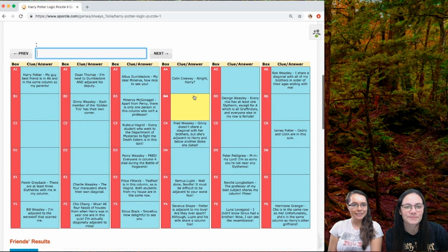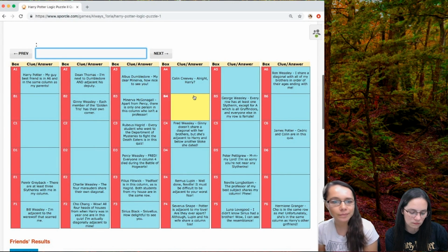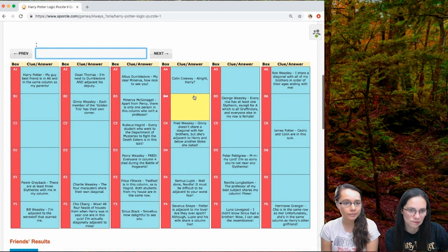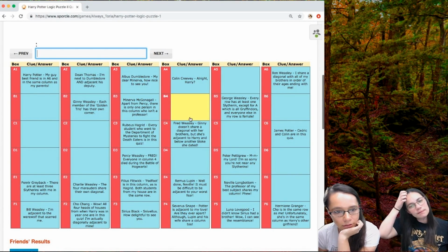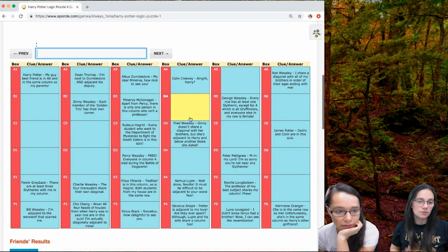Thanks. Cool. I was hoping you would give us a real clue. Okay. So we know Tonks has to be in one of these. Do we know who's in the other one? It could be Voldy, which would mean that Voldemort's D4 and Tonks is B4.